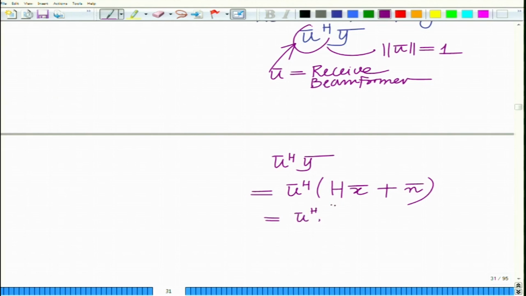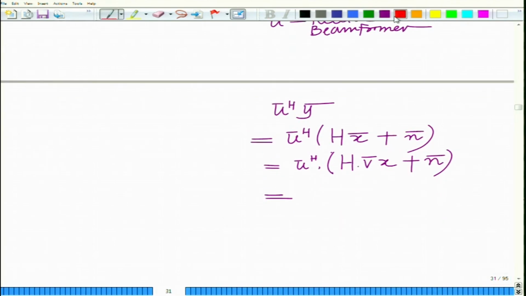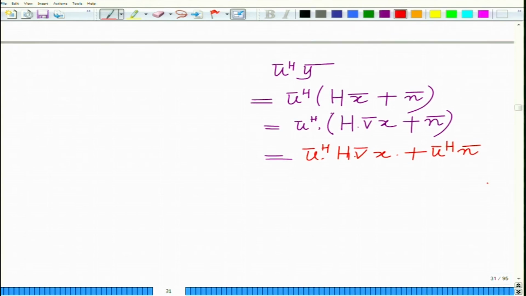Replacing x bar by V bar times x, this simplifies to u bar Hermitian H V bar x plus u bar Hermitian n bar. Now we have to determine both u bar and V bar.